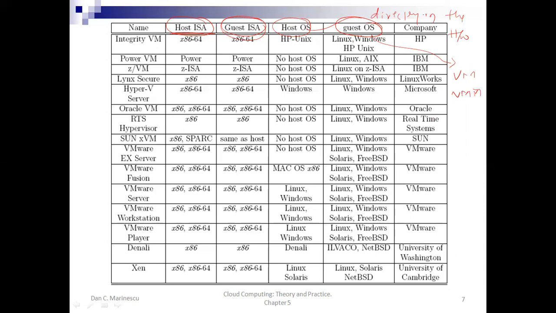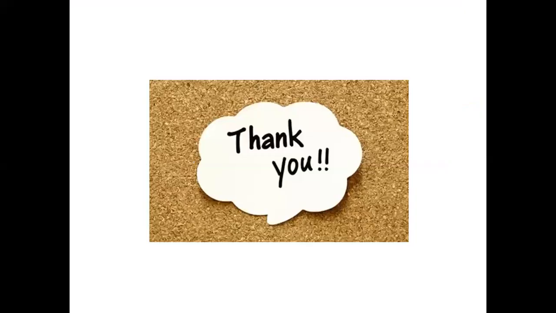So the host operating system runs directly on the hardware, whereas the guest operating system runs under the control of the virtual machine monitor. These are the companies which have these virtual machines, and this list gives the name of each virtual machine. Hope you have understood this. In this slide, just remember the difference between the host operating system and the guest operating system. Fine, move on to the next.